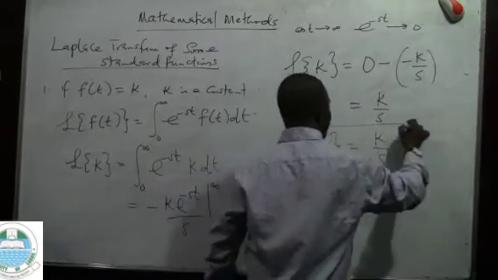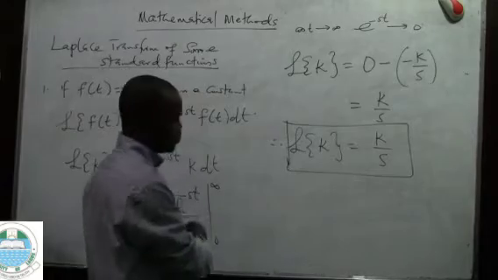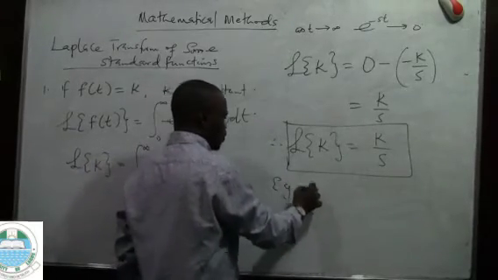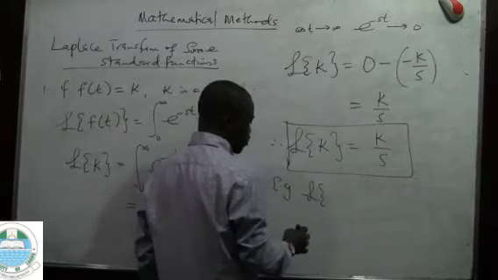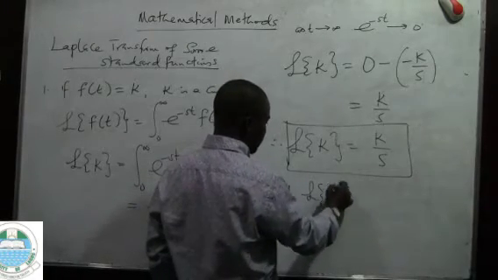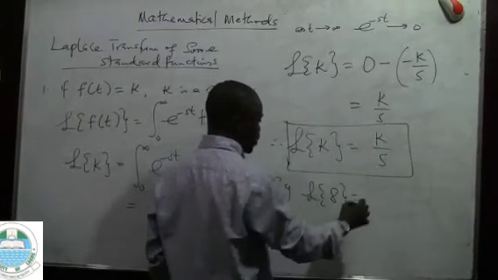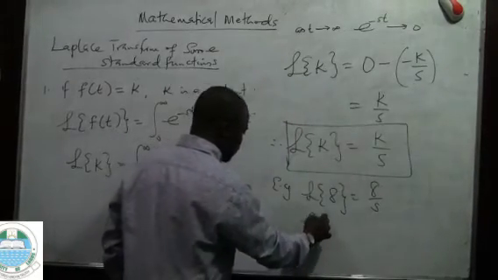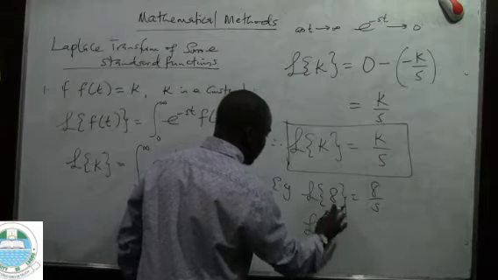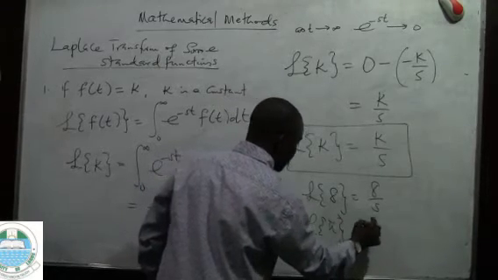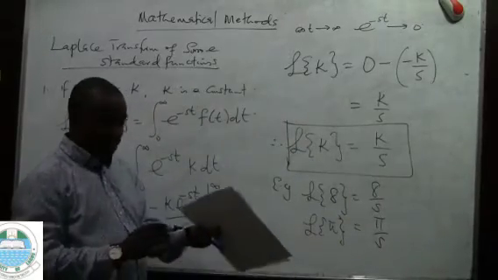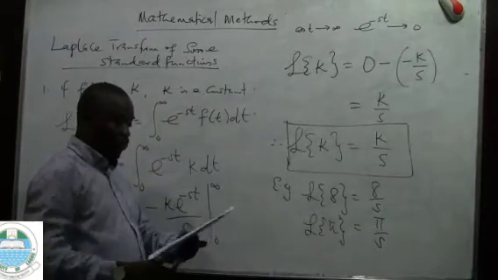Please note this formula. Example, just a simple example. What is the Laplace transform of say 8? The Laplace transform of 8 is simply 8 divided by s. What is the Laplace transform of pi? Pi there is a constant, so I'm going to have pi divided by s. And that is the Laplace transform of a constant.